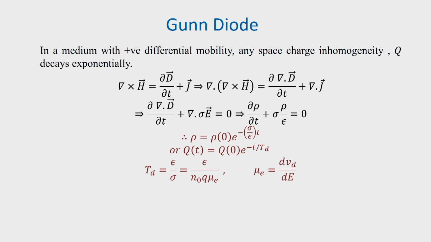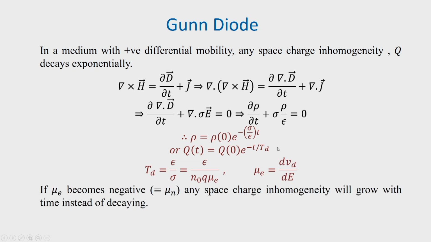N naught is the carrier density, q is the electronic charge, and mu e is the mobility, and mu e is given by dVd/dE.